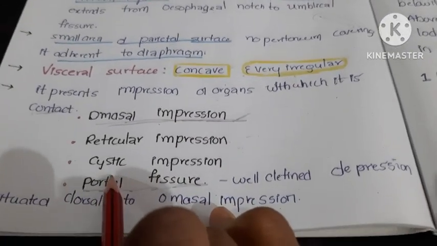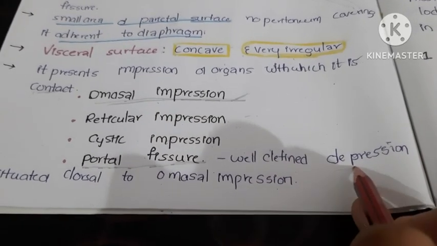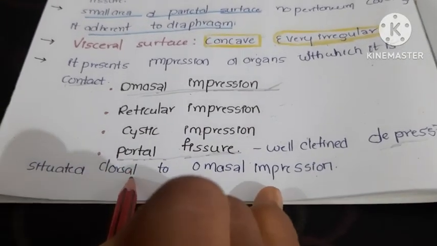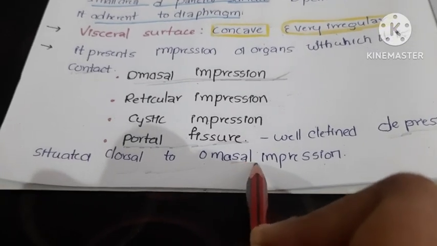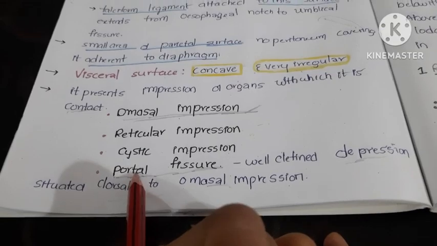And the portal fissure is a well-defined depression situated dorsal to the omasal impression.